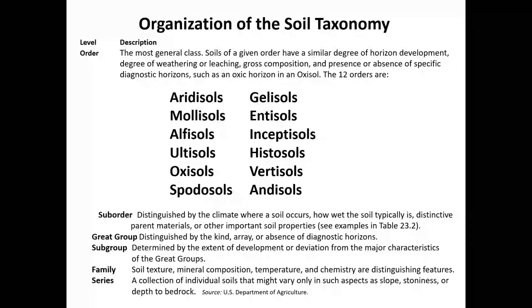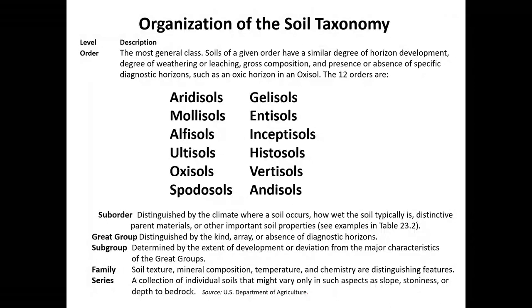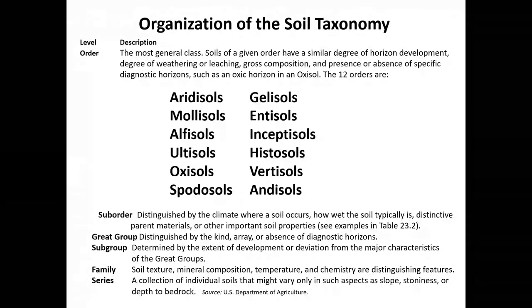So organizations of soil taxonomy, just like we talked about different climate zones, A, B, C, and so on, and then they have subcategories. Soils have broad categories where they're classified as aridisols, mollisols, alfisols, ultisols, oxisols, spodosols, gelisols, entisols, inceptisols, histosols, vertisols, and andisols.